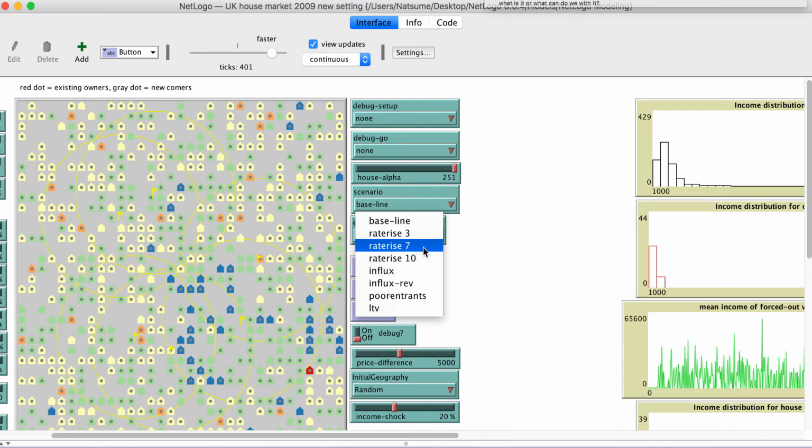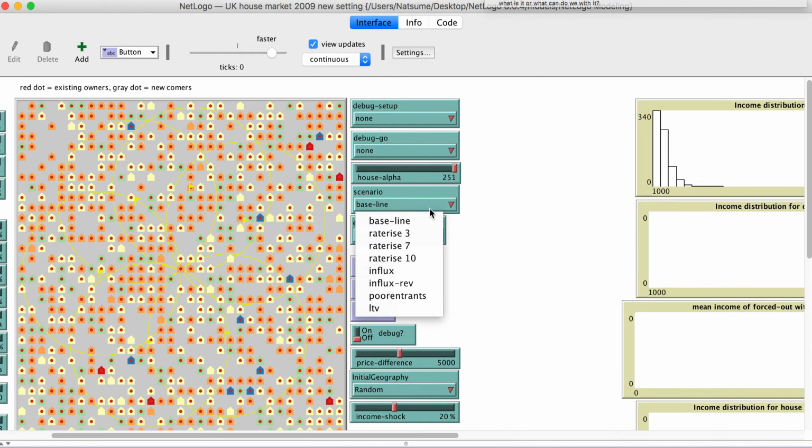So from the baseline, if the interest rate drops to 3%, we will see what would happen, okay? So first of all, we use baseline to set it up, and then we ask the model, once it's running to 200 ticks, we will drop interest rates to 3, because the whole model will run for 400 ticks. So 200 ticks is like halfway through, okay? So let's go.